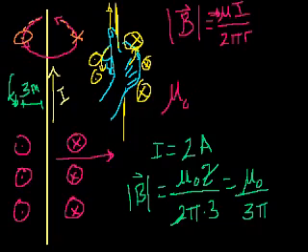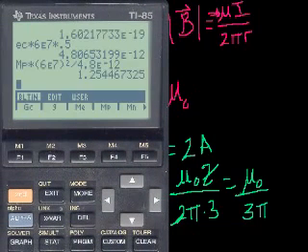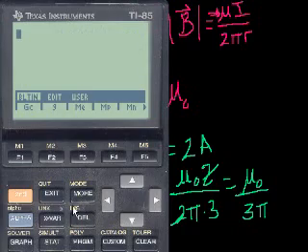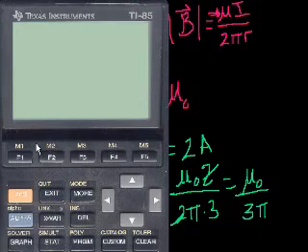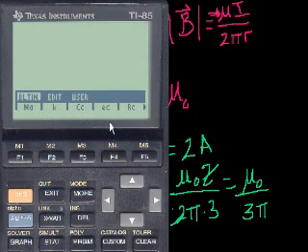So how do we calculate that? Well, we get out our trusty TI-85 calculator, and I think you'll be pleasantly surprised to realize that it actually has the permeability of free space stored in it. I deleted everything just so you can see how I get there. You go to second and press constant, which is the 4 button, for the built-in constants. Let's see, it's not one of those.